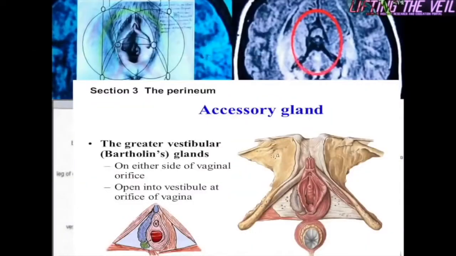Again, we can see the obvious geometric similarities and correspondences between what is above and what is below within the female anatomy. You have the clitoris and the frenulum clitoridis, the body of the clitoris, within the human brain as well, with the exact same corresponding geometry.